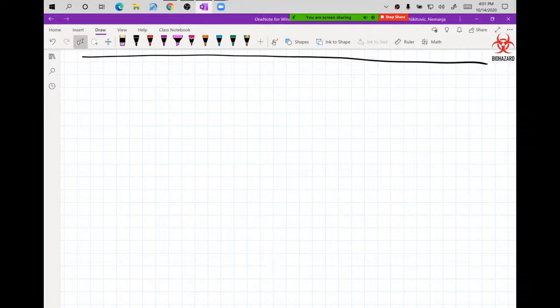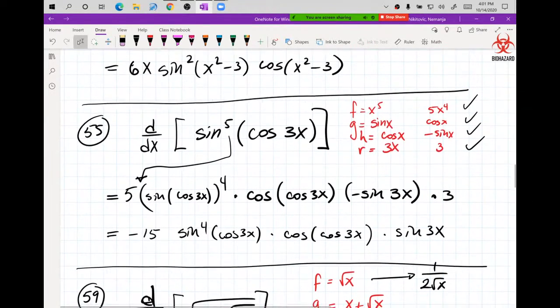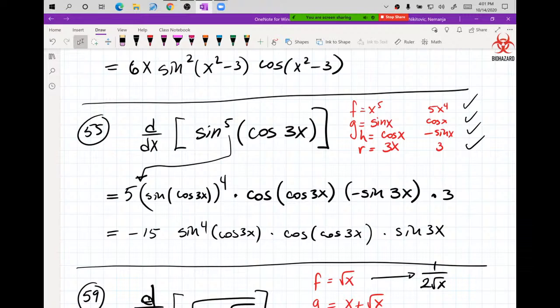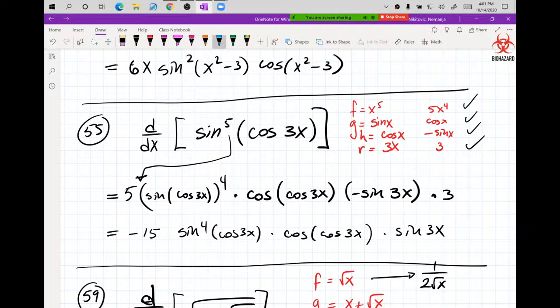Hello and welcome back to Calculus 1, Part 2 on the chain rule, 3.7. Last class, we defined the chain rule as the rule where you decompose your function into parts, and then see how many of those functions you have, and that amount of functions will correspond to the number of factors that you have in your chain rule derivative.